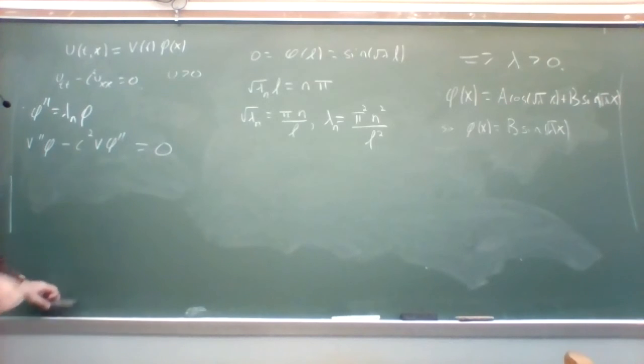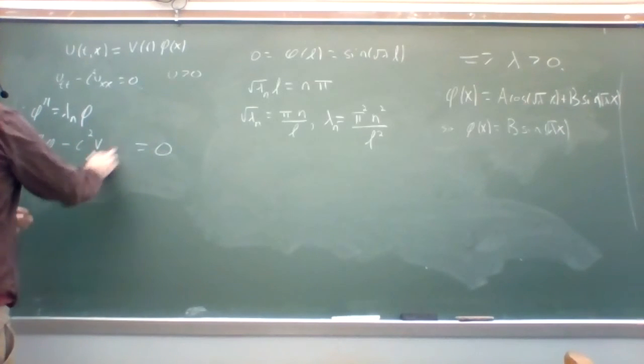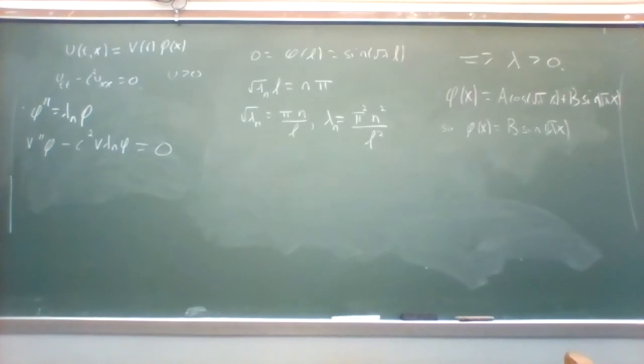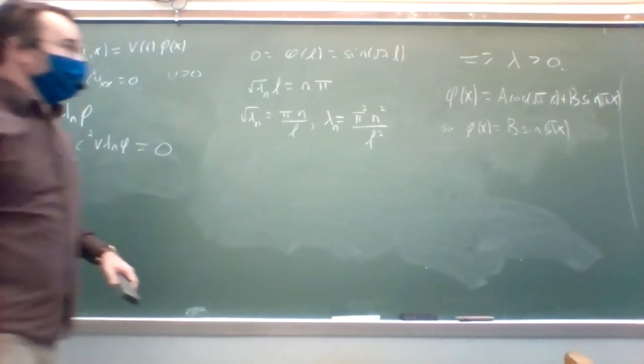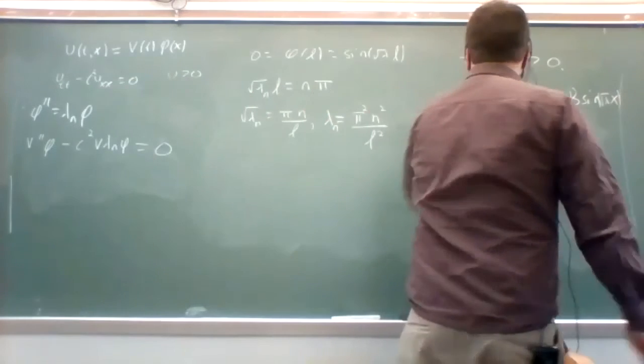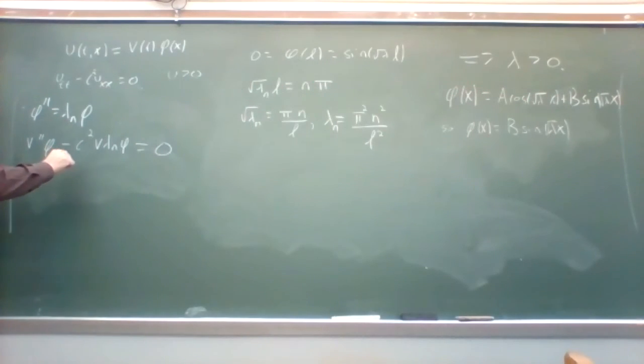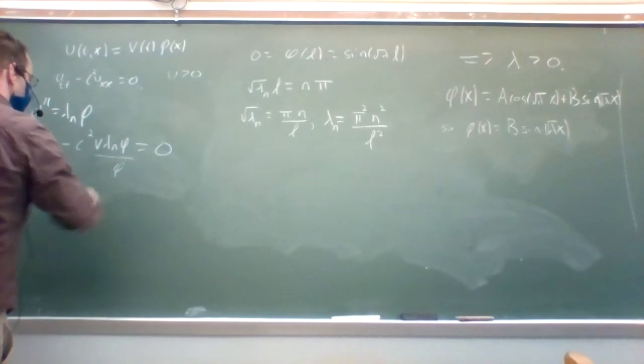Of course, phi double prime is now lambda n times phi. And being an eigenfunction means that you're not identically 0, so I can divide by it.